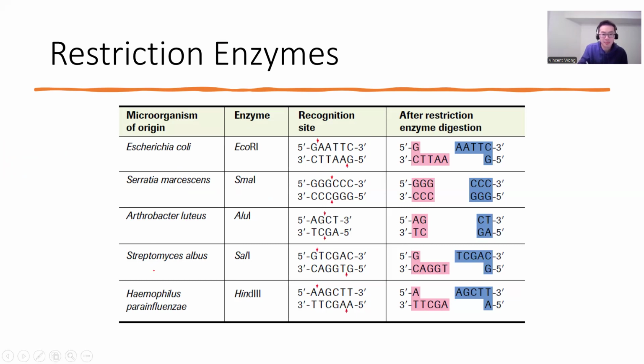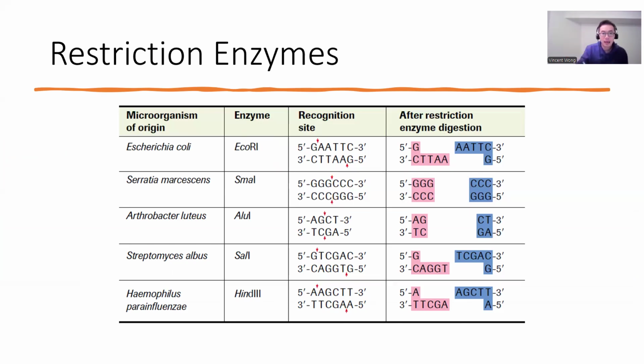You don't have to memorize the names, okay? And it will recognize the GGGCCC and then it will cut it straight down. Okay, if you have GGGCCC and then you expose it to EcoRI, nothing will happen. Okay, these scissors will only cut at their own recognition site. Okay. It's not going to be effective for other recognition sites.